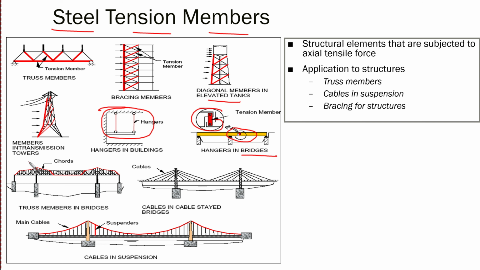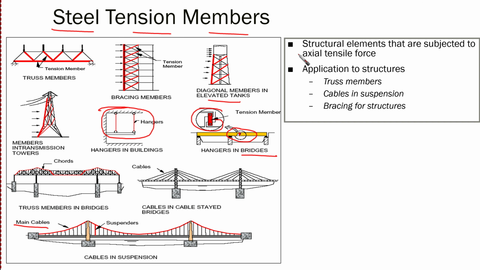If we're talking about truss members in bridges, we're going to find tension members, whether the chords or some bracings. Cables in cable-stayed bridges are tension members. And in suspension bridges, the main cables are under tension, and the suspenders are also tension members.